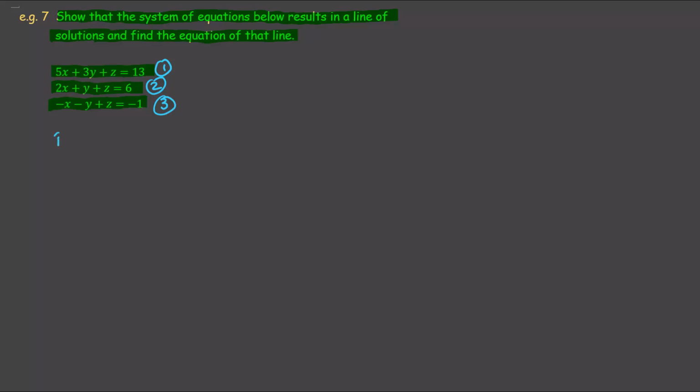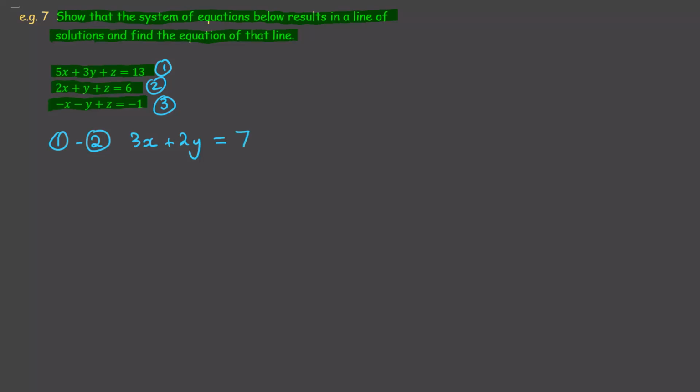So if I do equation 1, take away equation 2, 5x take away 2x is 3x, 3y take away y is 2y, the z's are going to disappear, 13 take away 6 is 7.